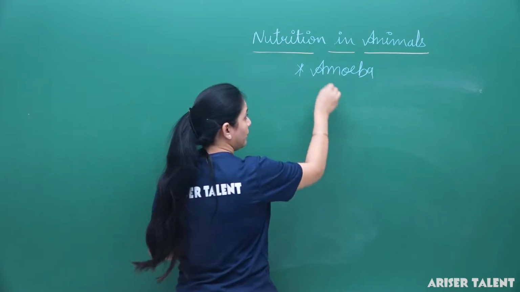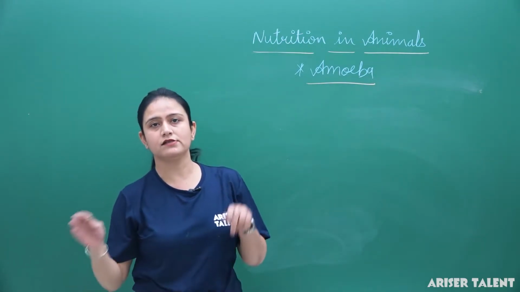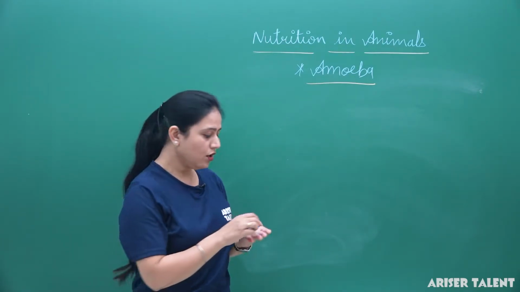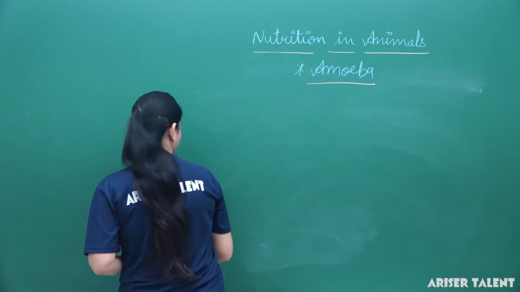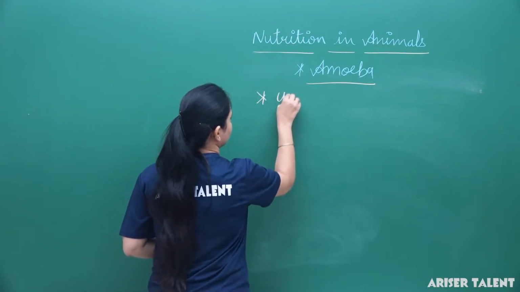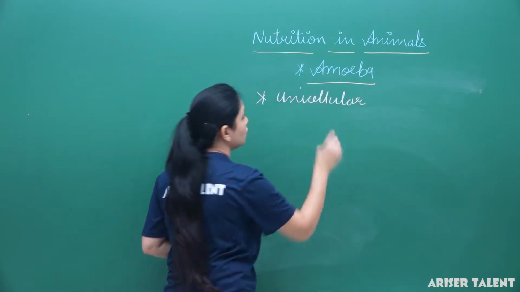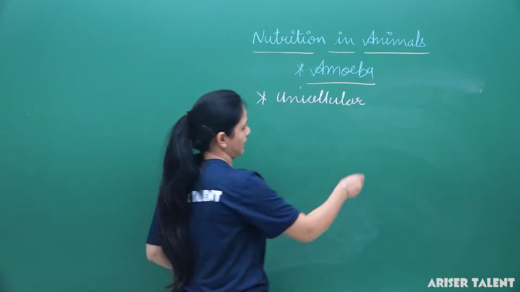What do you know about amoeba? Hope you have all been studying about amoeba since junior classes, that amoeba and paramecium are both unicellular organisms. So let me mention here, it is unicellular. So all the vital activities are performed by the single cell.